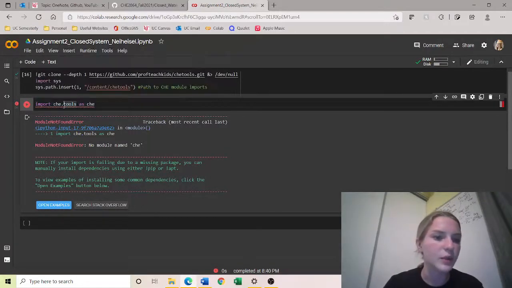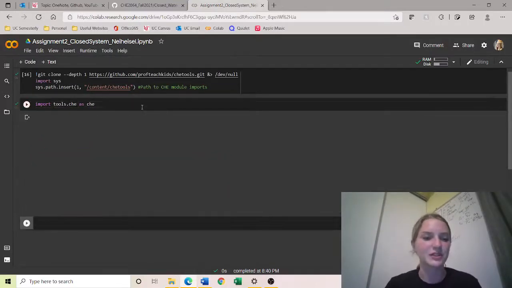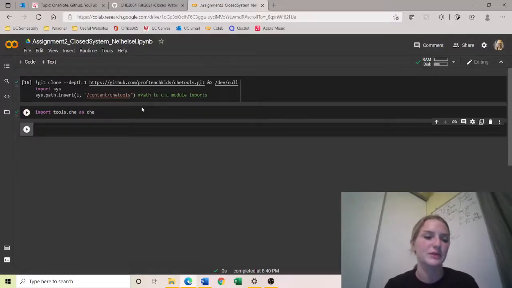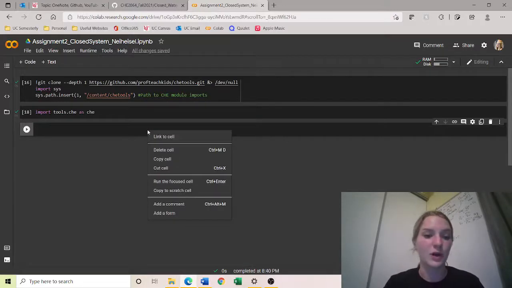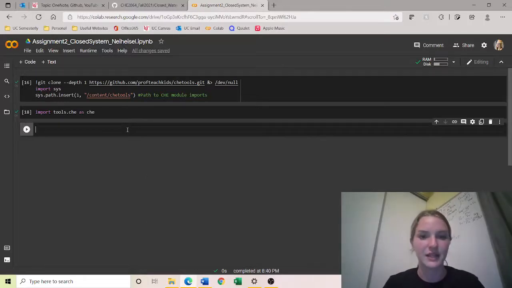I typed this backwards. It is tools.che. So we're going to hit Shift Enter, and now we can use that CHE as tools.che. So now we can use all of those properties inside CHE.